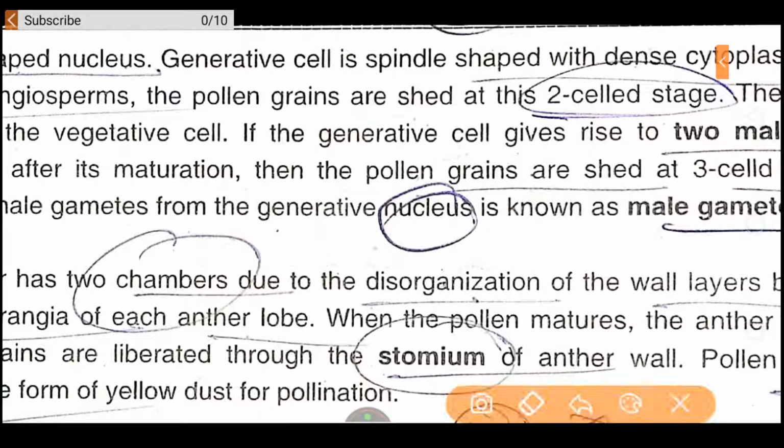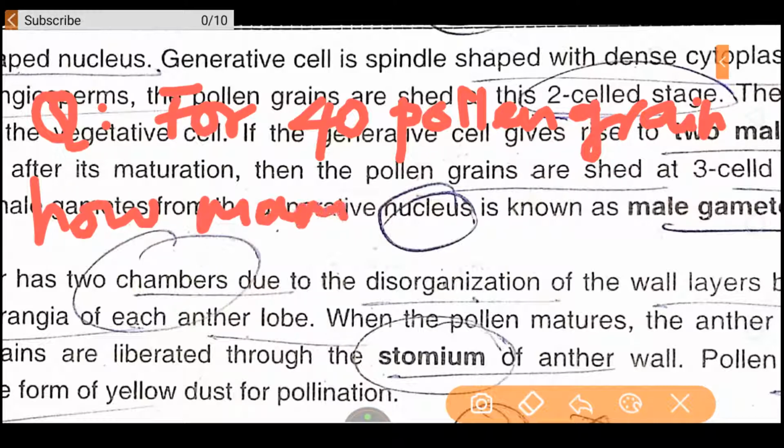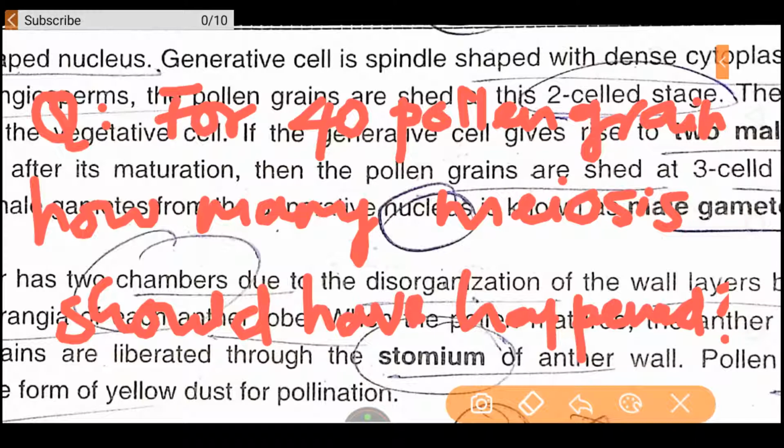Now the question I will ask you: for 40 pollen grains production, how many meiosis should have happened?